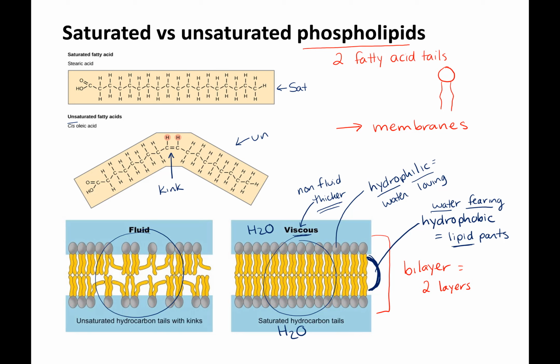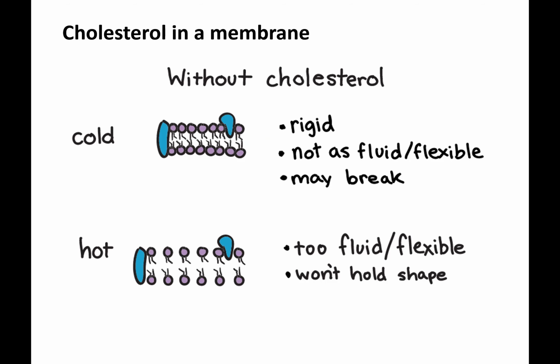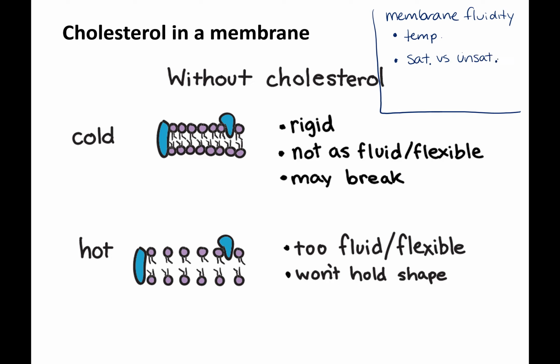So membrane fluidity, let's talk about that next. Let me put this up here first. Membrane fluidity is influenced by 3 things: temperature, saturated versus unsaturated fatty acids, or phospholipids, sorry, and the amount of cholesterol.